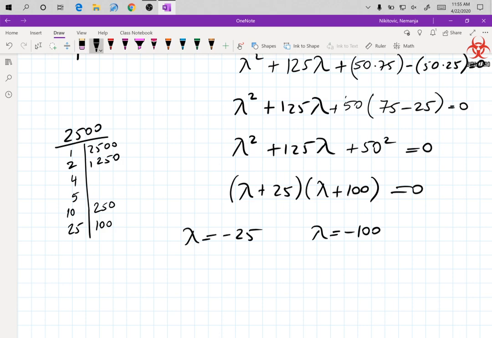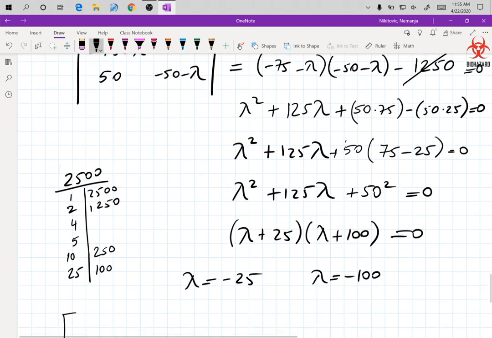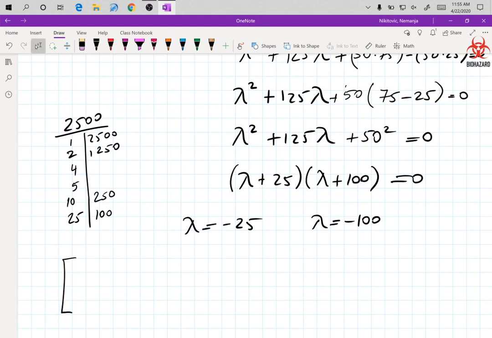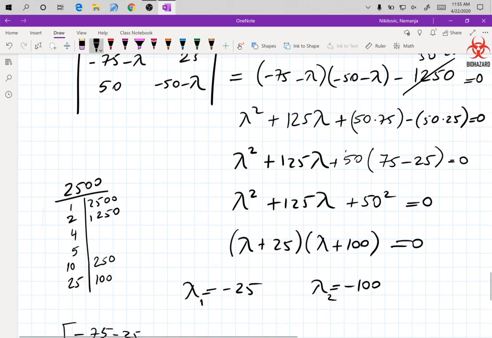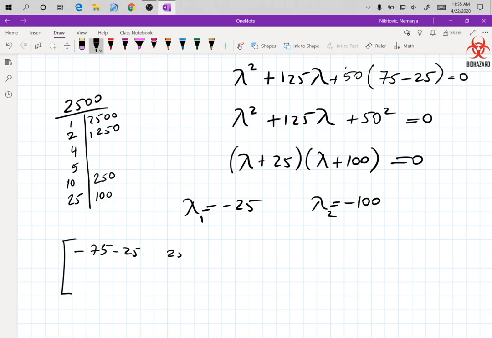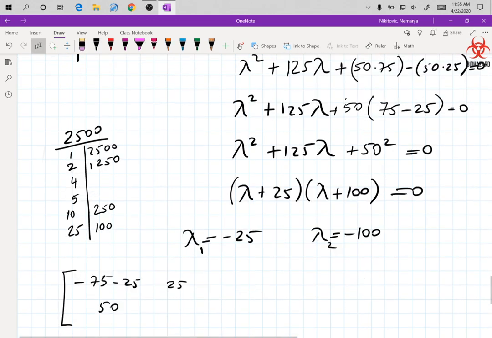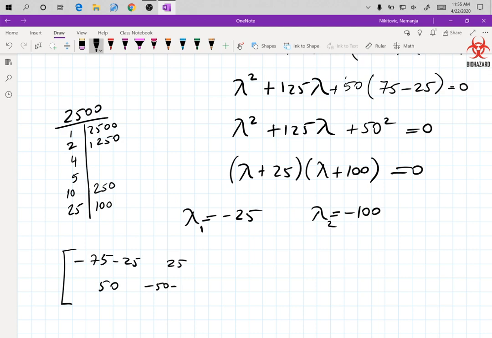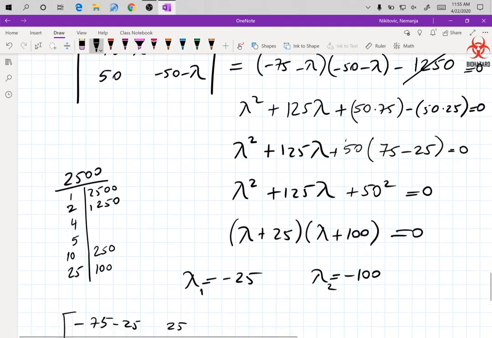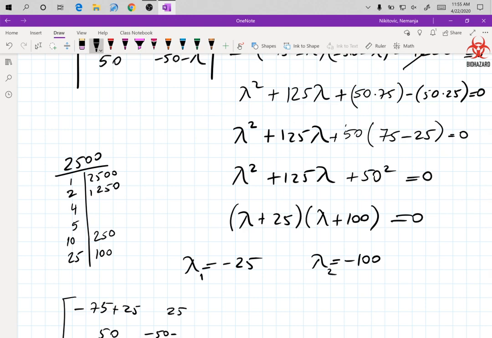So now we do the standard procedure to obtain the eigenvector by plugging the eigenvalue back into the matrix up there and figuring out the eigenvector. So I have negative 75 minus lambda 1, which is negative 25... oh, this is a plus here.